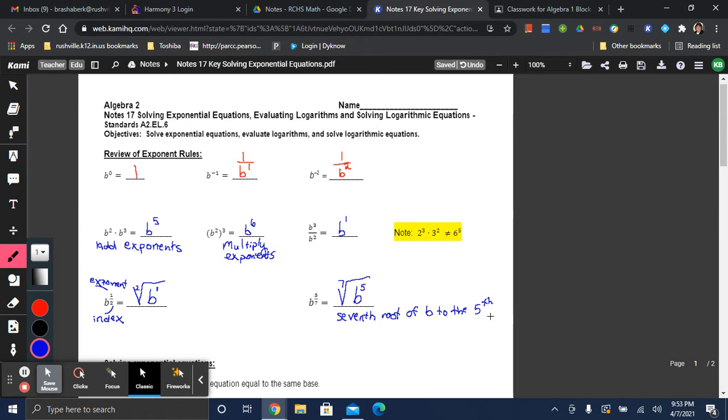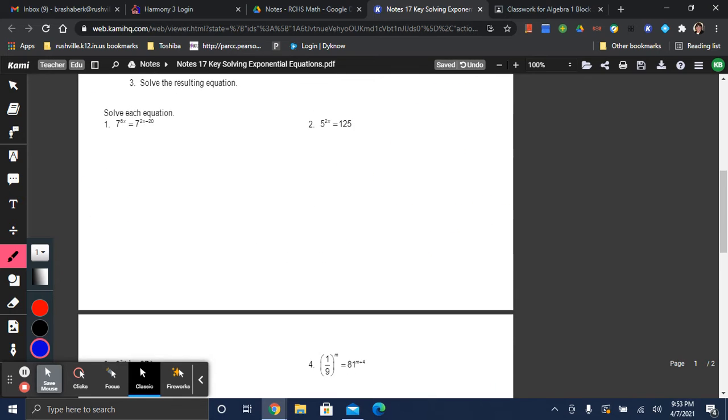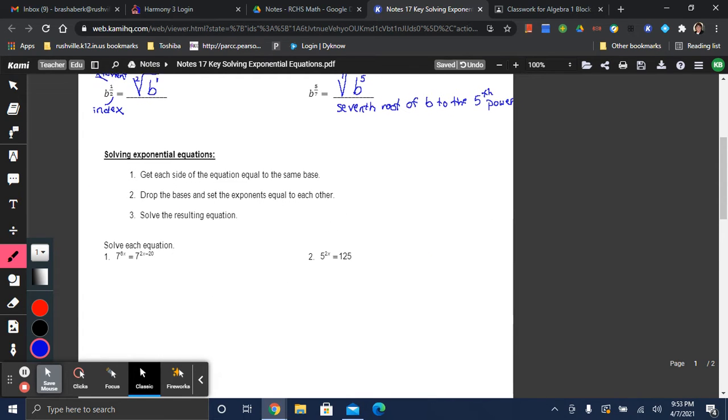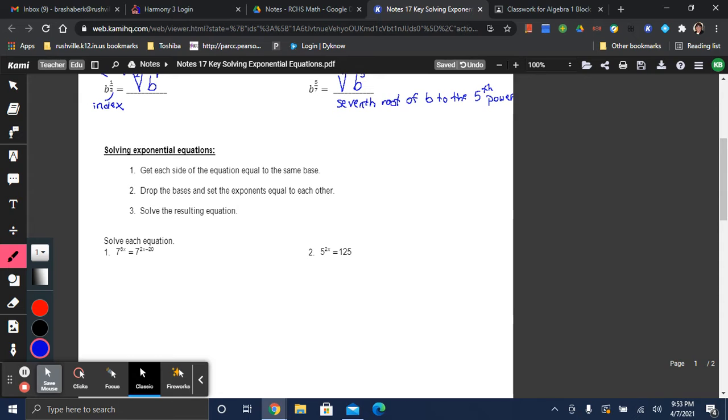So that's just a little bit about exponents and their rules. And so we'll look at how to use these rules and solve exponential equations.